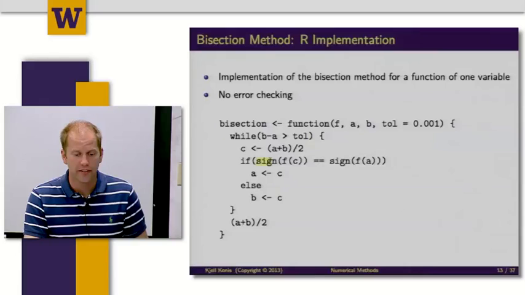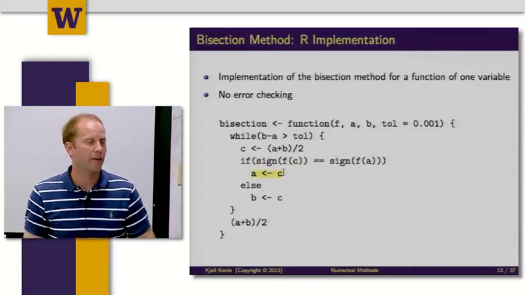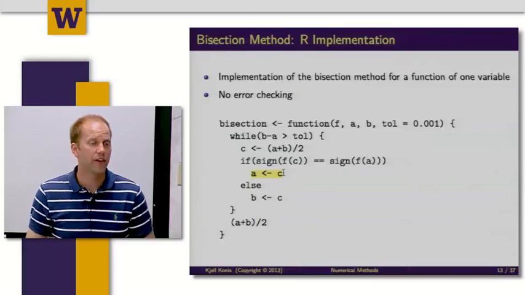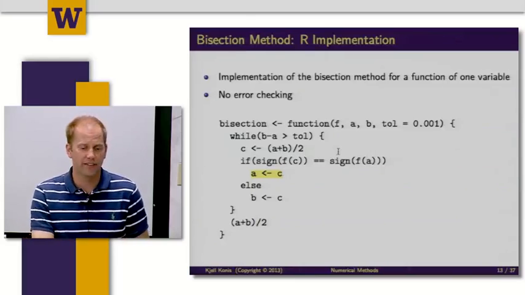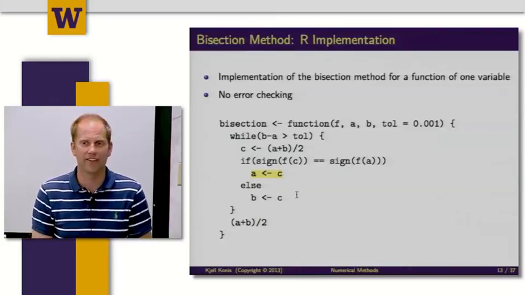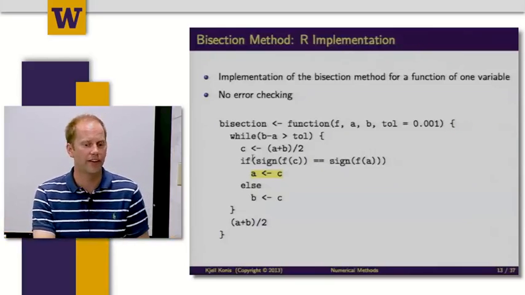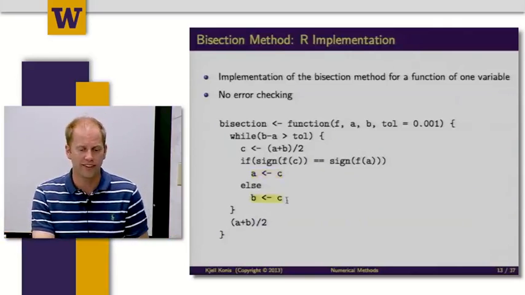So if the sign of f of c is equal to the sign of f of a, then c is assigned to a. So I chop off the lower half of the interval. And the only other possibility, if they have opposite signs, is that I want to chop off the other half of the interval, because it's a very simple algorithm. You lose this half or you lose this half. So I don't have to check any other condition. I know if this is satisfied, I do this. Otherwise, I chop off the other half of the interval.